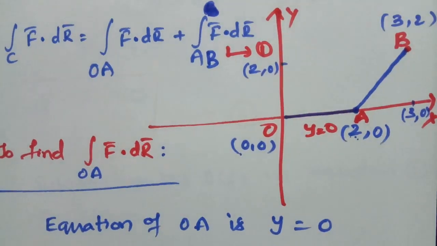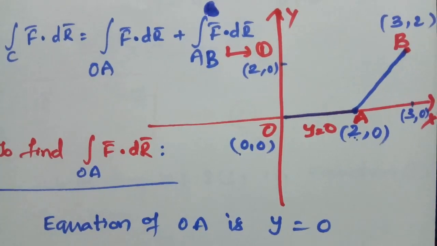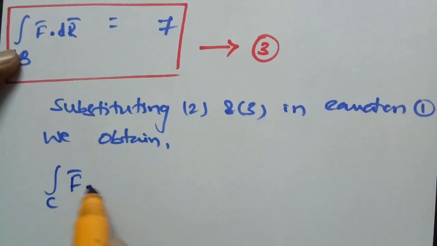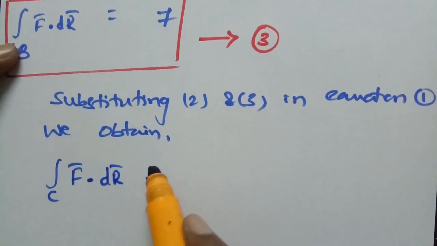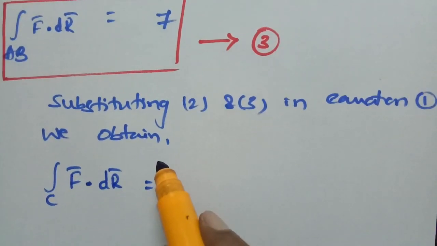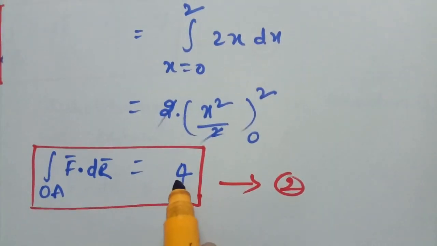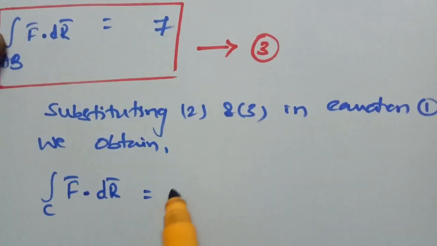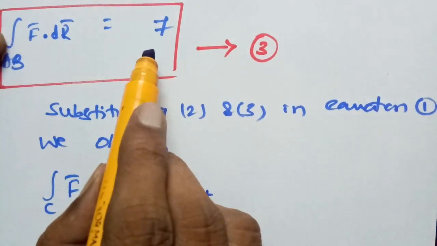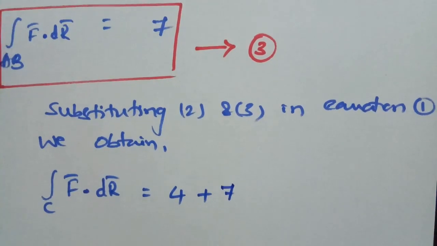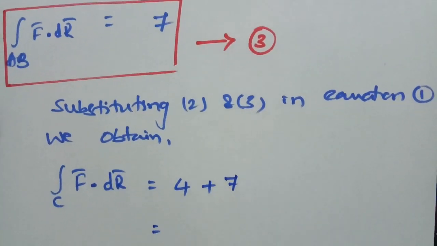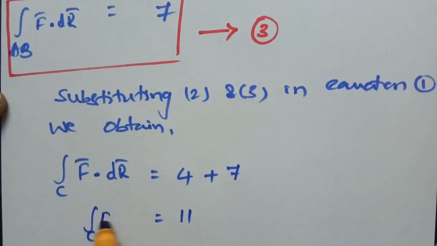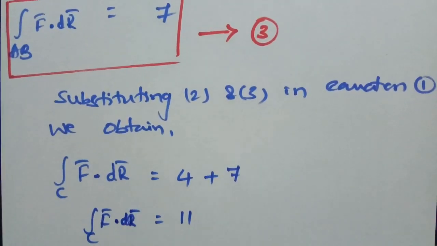So we are substituting these two values. The integral over C of f bar dot dr bar is, from equation 1, this value 4 plus, from equation 3, this 7. Therefore 4 plus 7 is equal to 11.